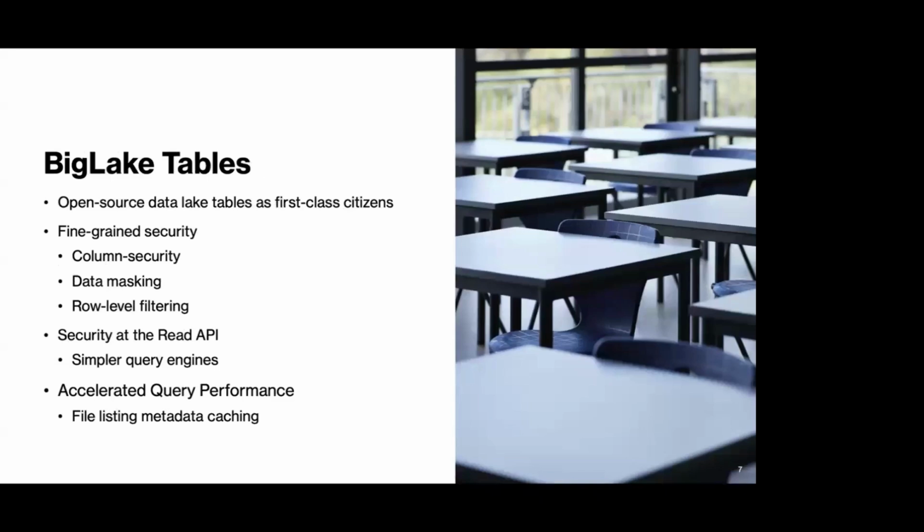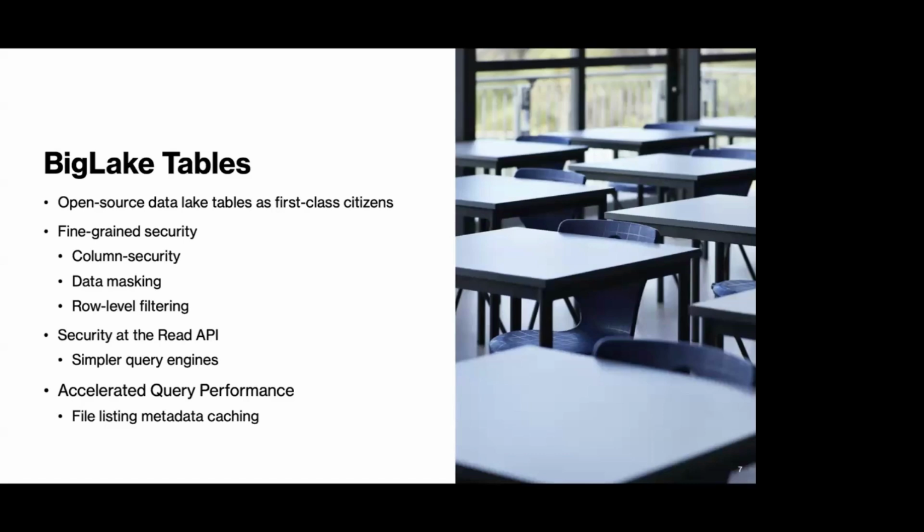And for the BigLake tables, as I talked about, they want open source data lake tables as first class citizens because people have been moving towards all these open source data lake tables, open source storage formats, and they also want fine grained security, which means column security, data masking, row level filtering, all different kinds of use cases that their customers want. And as I talked about, they want security at the read API.